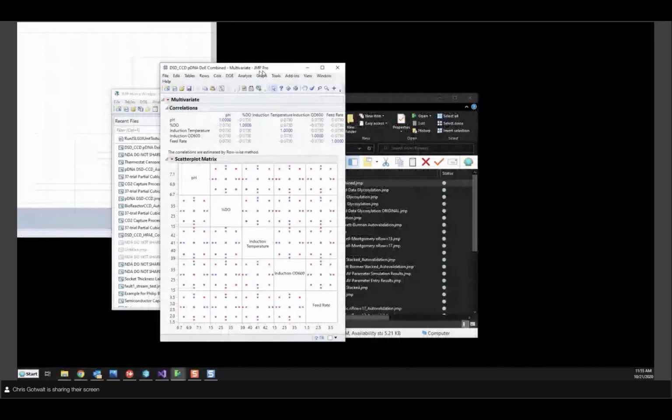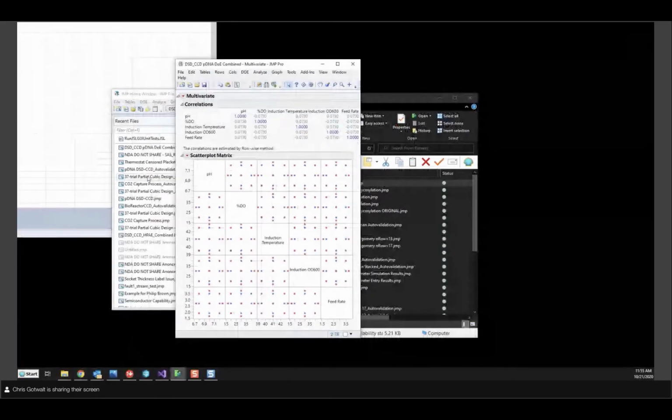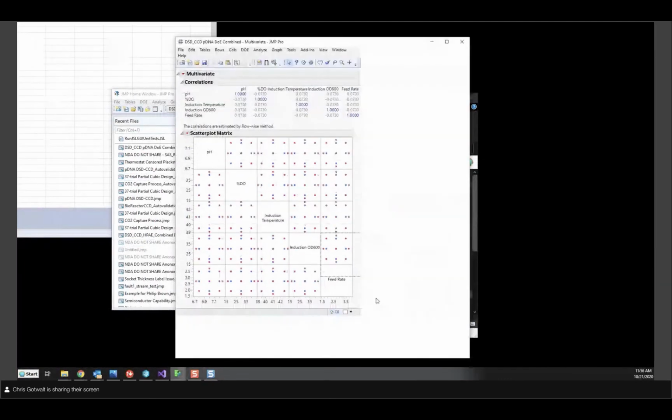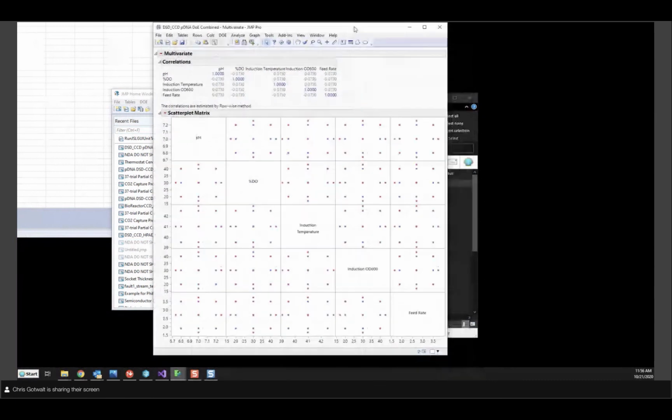This is the design that we were just talking about for the Pdna data. The points in blue here, this is a scatter plot matrix of the factors. The points in blue are the DSD that was used to fit the model, and the red points are the central composite design, some of which are actually outside of the original definitive screening design points.